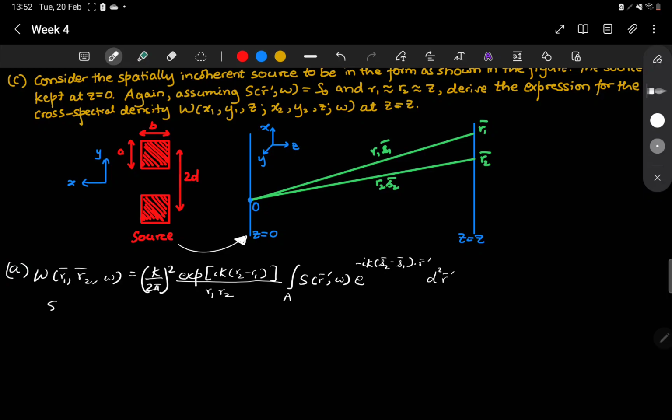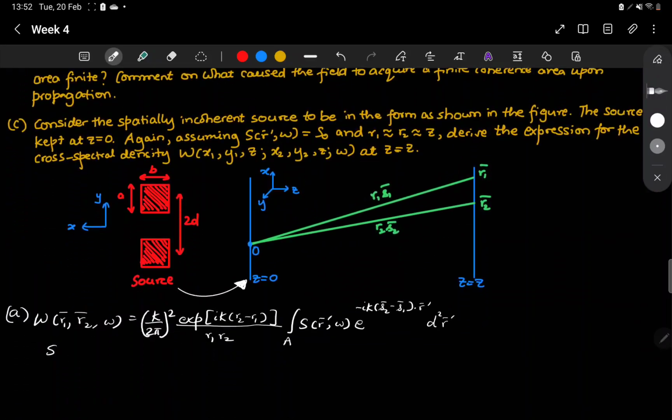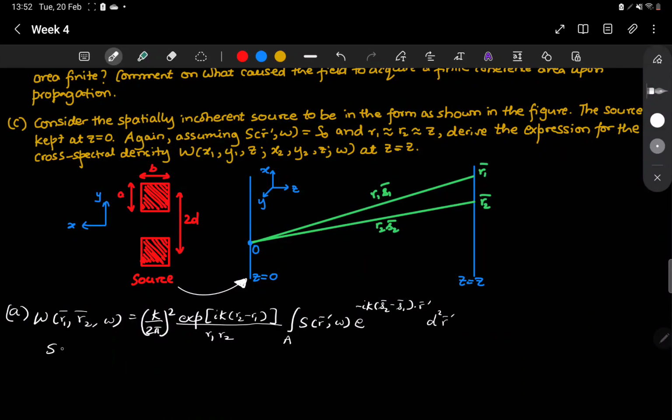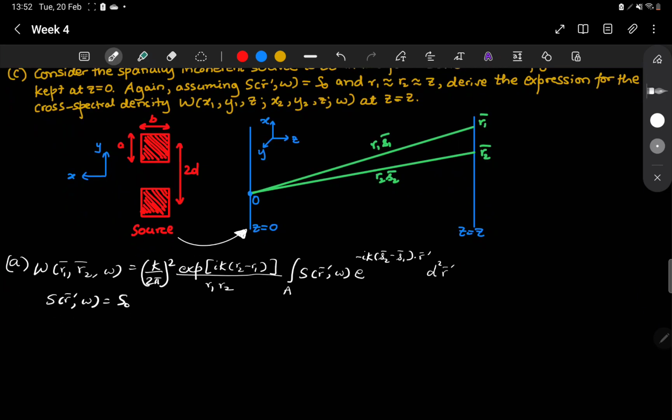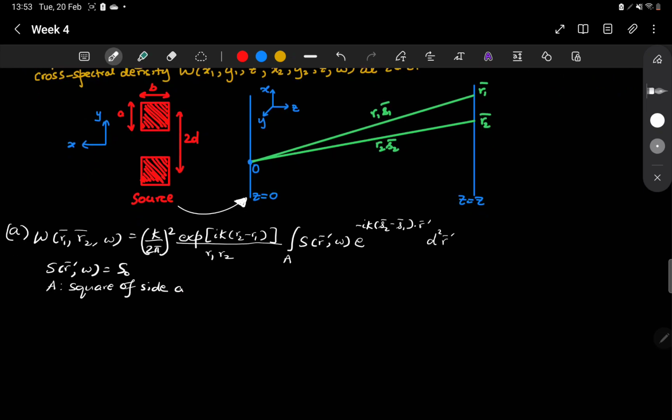So here we are given that the spectral density is a constant, and this area A over which we are integrating is a square of side A, and let us write this in Cartesian coordinates now.